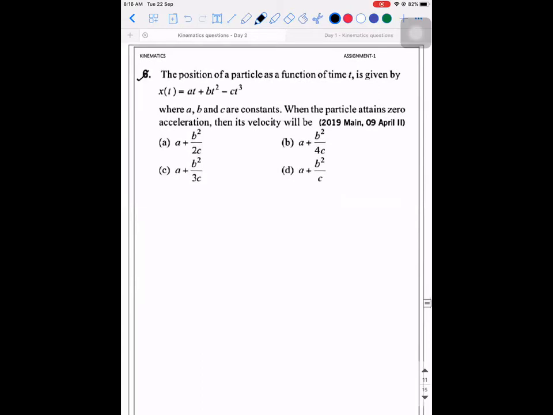Sixth one. The position of a particle as a function of time is given by x of t is equal to at plus bt square minus ct cube, where a, b, c are constants. When the particle attains zero acceleration, then its velocity will be equal to what?